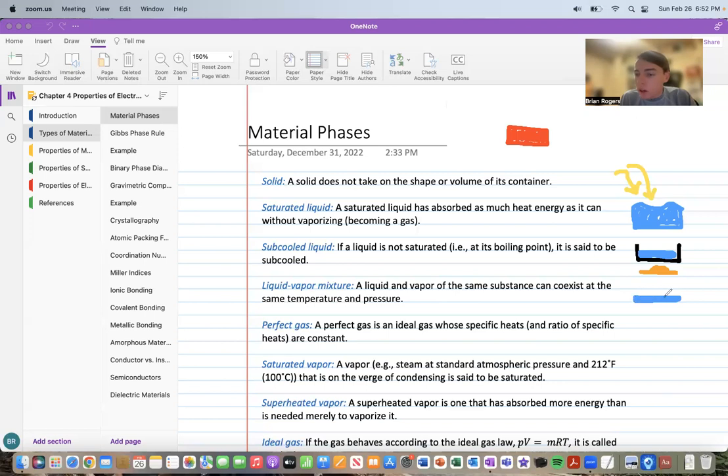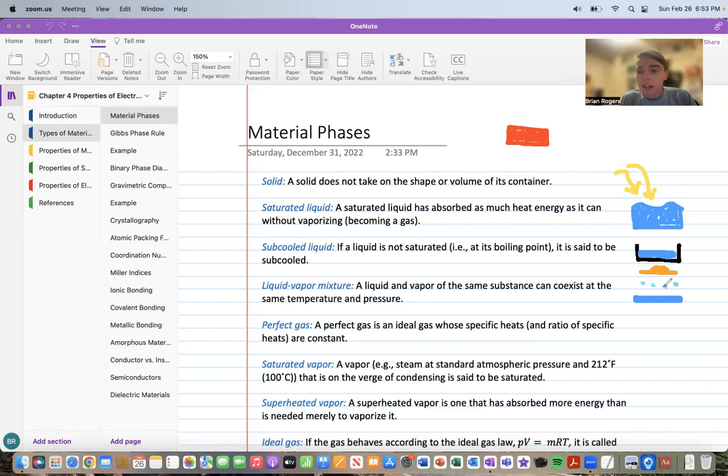We have some water in our liquid form right here, but we have some in the vapor form as well, and it might be in the air. That's what a liquid vapor mixture is: it has liquid and vapor particles. We see the liquid form here, and we see there is vapor as well in the air.